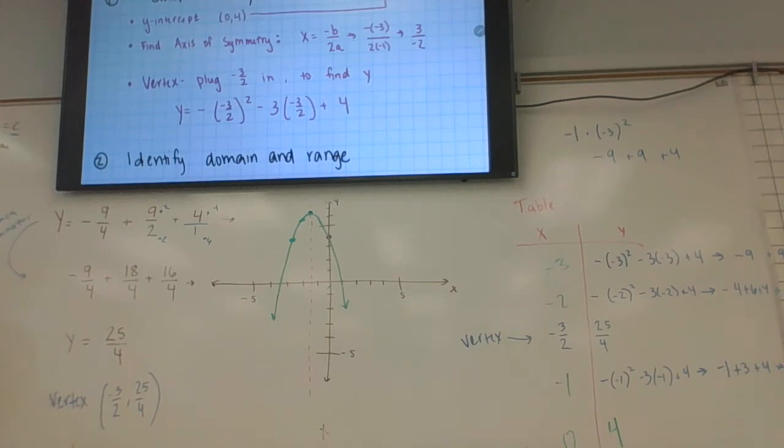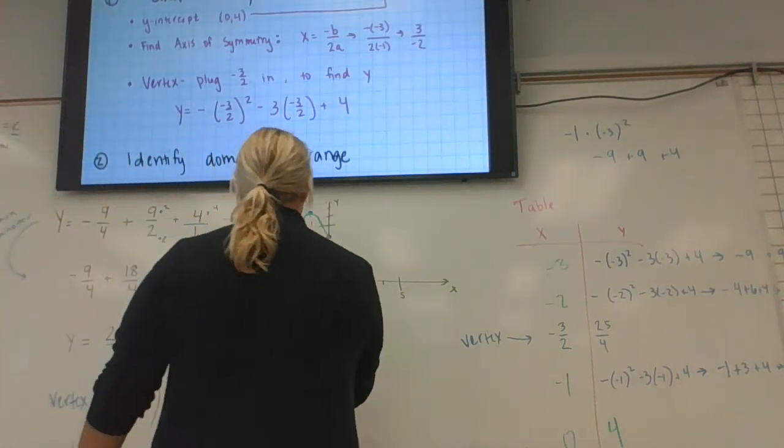All right, number 2, identify domain and range. Is it continuing, or is it just those points, because there are no arrows? No, I got arrows. Yep, these go.